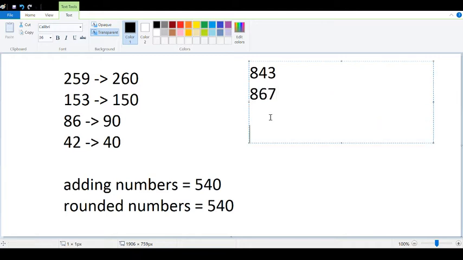All right, take that first number, round it down, okay? In other words, no matter what is in the one spot, we're going to round it down to 0. So we're going to say 843 is going to be 840 anyway, looking at that 3, but look at 867.